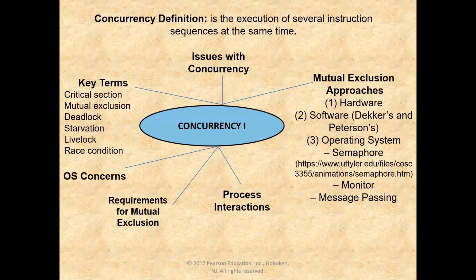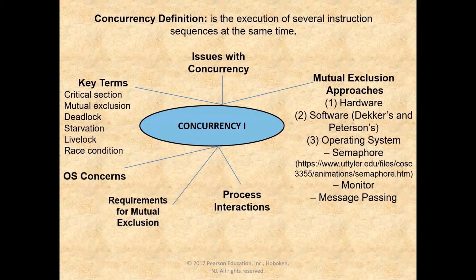Let's look at this mind map. These are the subtopics that we will cover in this topic. We are going to see the key terms in this concurrency topic, and then the OS concerns and the issues of concurrency.